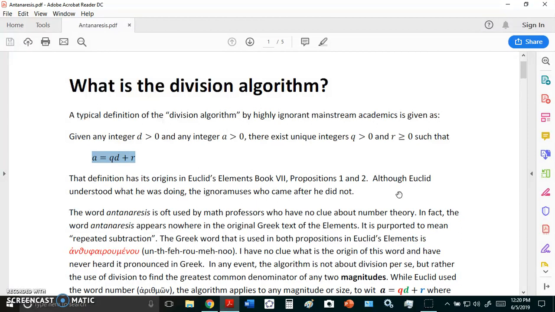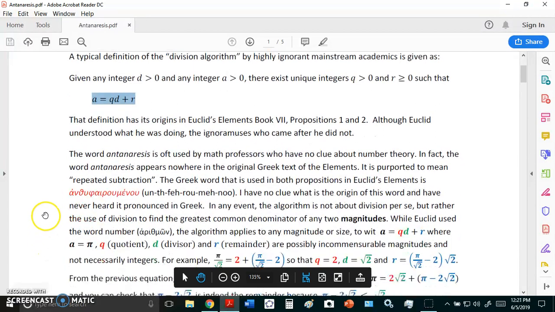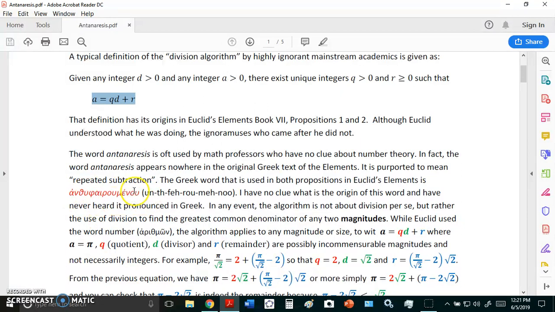Now, I've never heard of the word antenaresis, by the way, and I'm a Greek. The word that is used in Euclid's Elements is this word here, antenaresis, and it means a repeated subtraction or repeated difference.